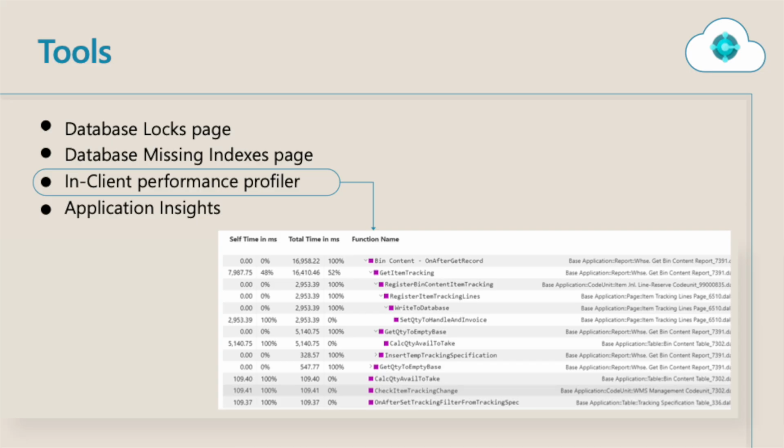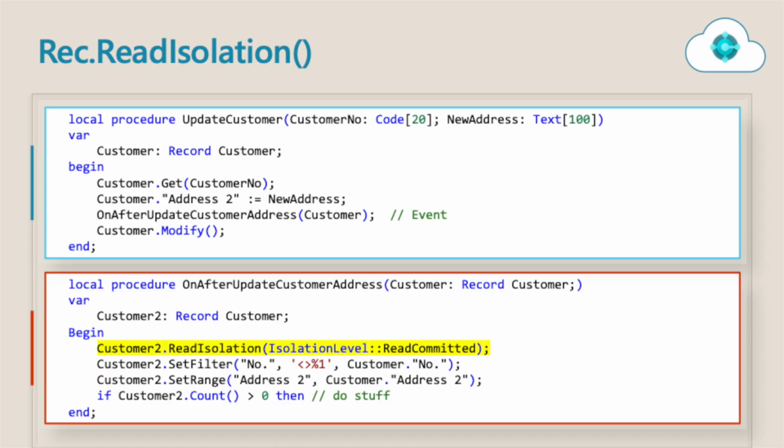But specifically for the in-client profiler, I'll point out that you can download the profile file and open it in Visual Studio Code and get a very nice overview of where time is spent. It's a huge helper when you analyze customer cases. Actually, recently we have got some new features.